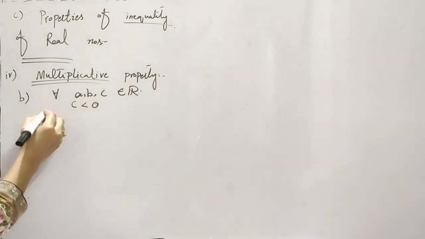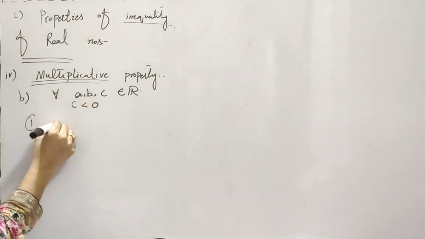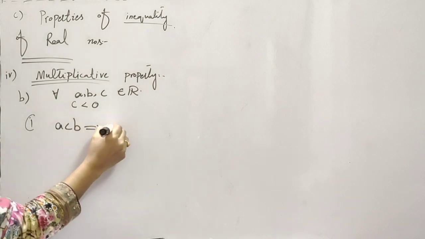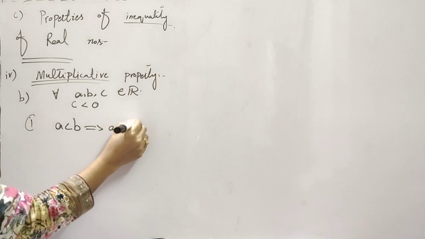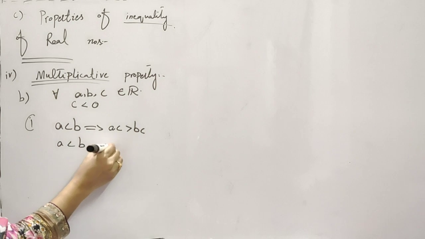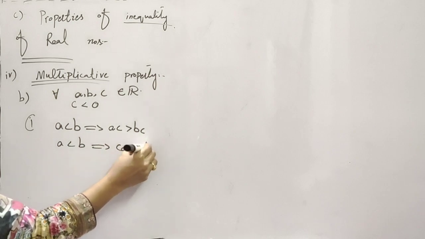If C is less than 0, then the first condition is that if A is less than B, it implies that AC is greater than BC, or it implies that CA is greater than CB.